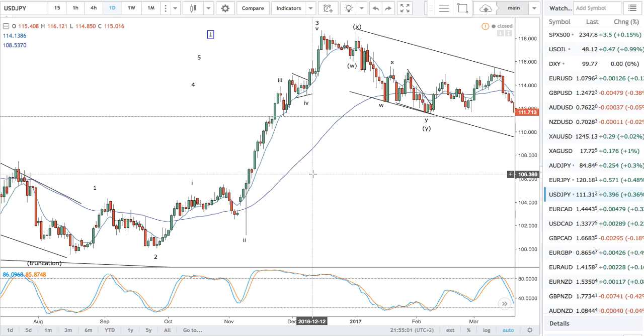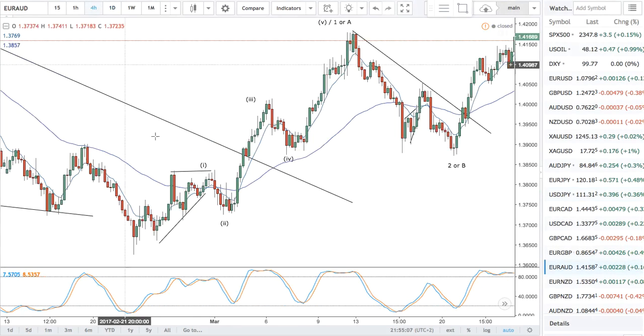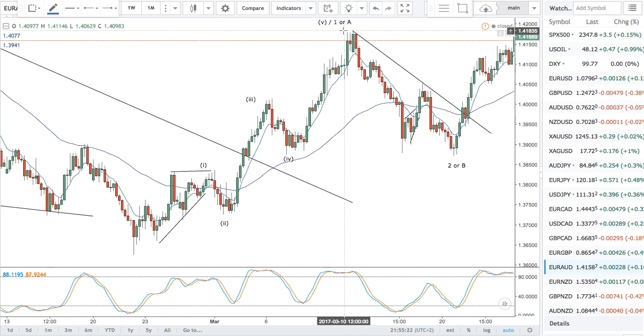Another interpretation can be something like what I did with Euro Australian dollar, where I forced a very ugly leading diagonal, which worked. This is in no way a typical leading diagonal. It may be better to entirely recount this actually. It's just a corrective sequence of 3 up, 3 down, and then a series of 3s here.